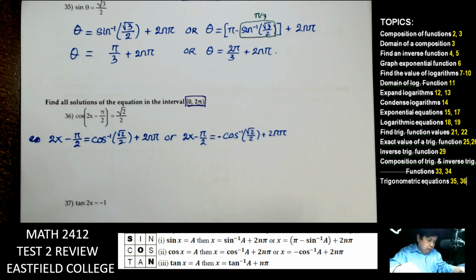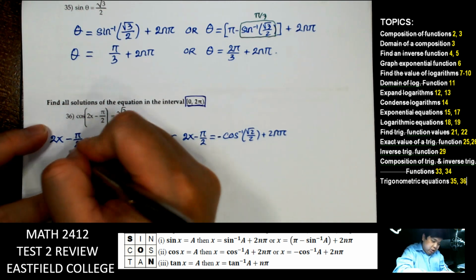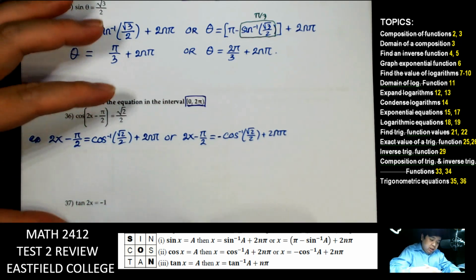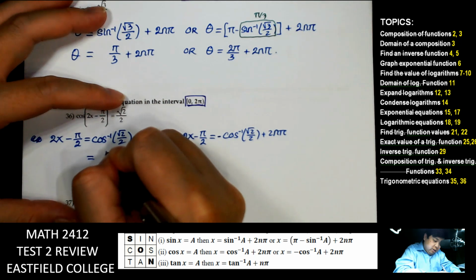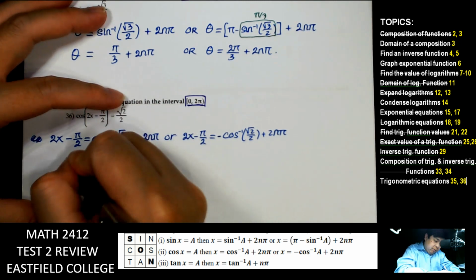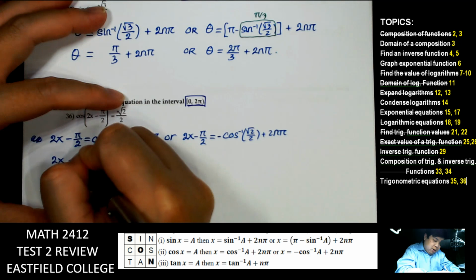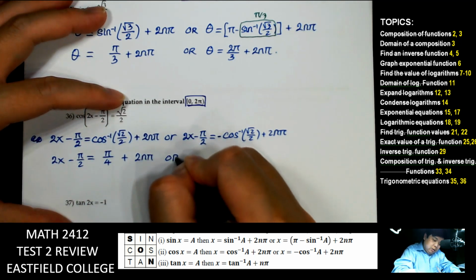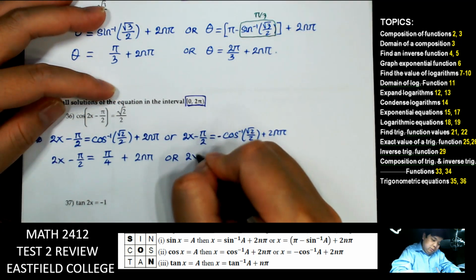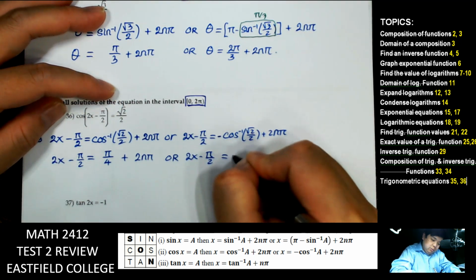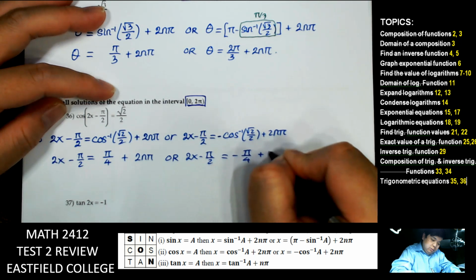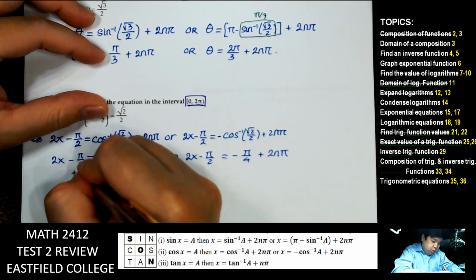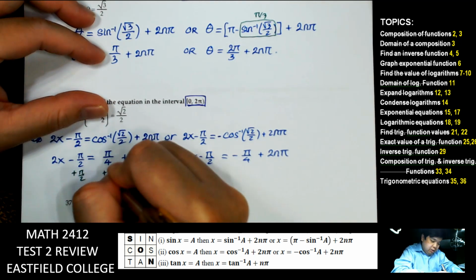So first I'm going to add pi over 2 on both sides. Cosine inverse of square root 2 over 2 would be pi over 4. So we have 2x minus pi over 2, and then plus pi over 2 on both sides.